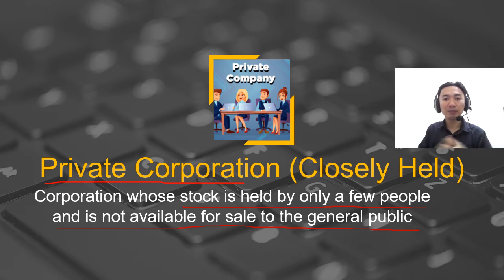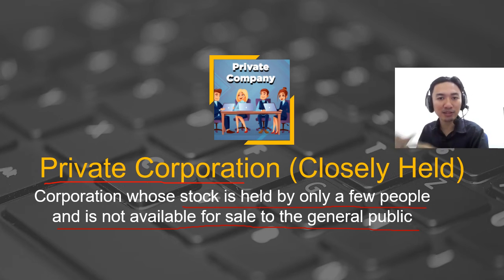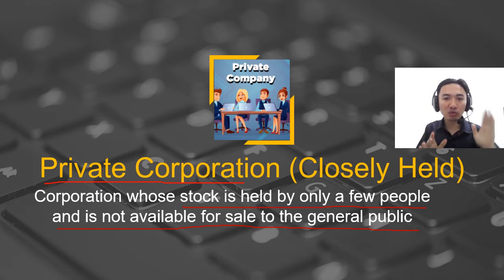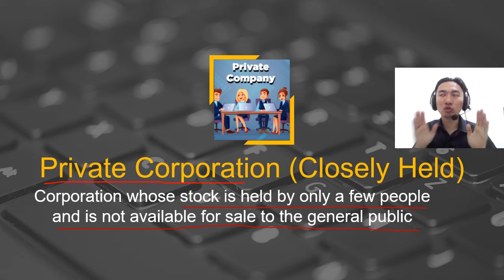Under the Malaysian Company Act 2016, at the end of the company's name, we will put Sendirian Berhad, SDN BHD. SDN BHD or Sendirian Berhad is considered a private corporation. The owners of a private corporation are only between 2 to 50 people.